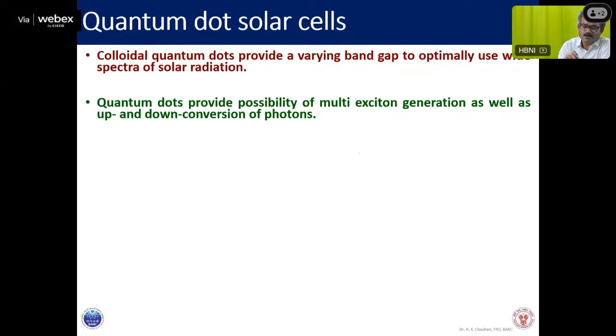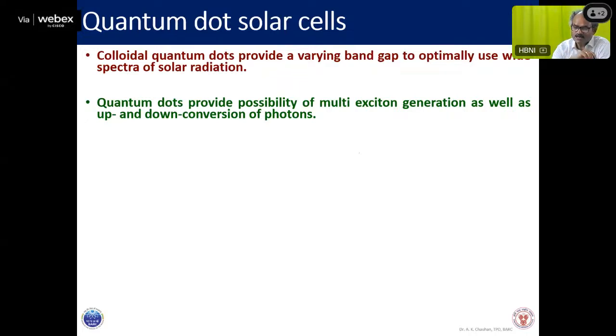They are made by different processes. Mostly the chemist knows how quantum dots are made, so we will not go much into that. Colloidal quantum dots provide a varying band gap to optimally use the wide spectrum of solar radiation.